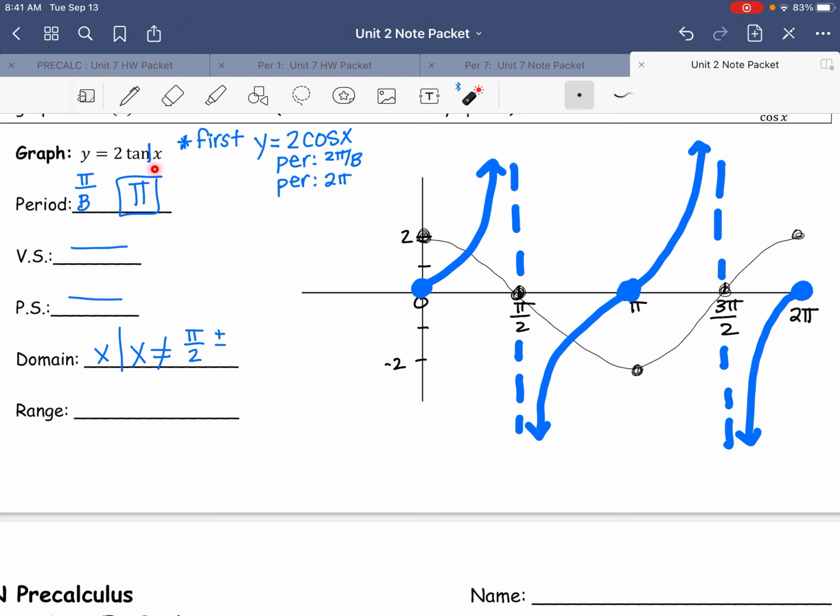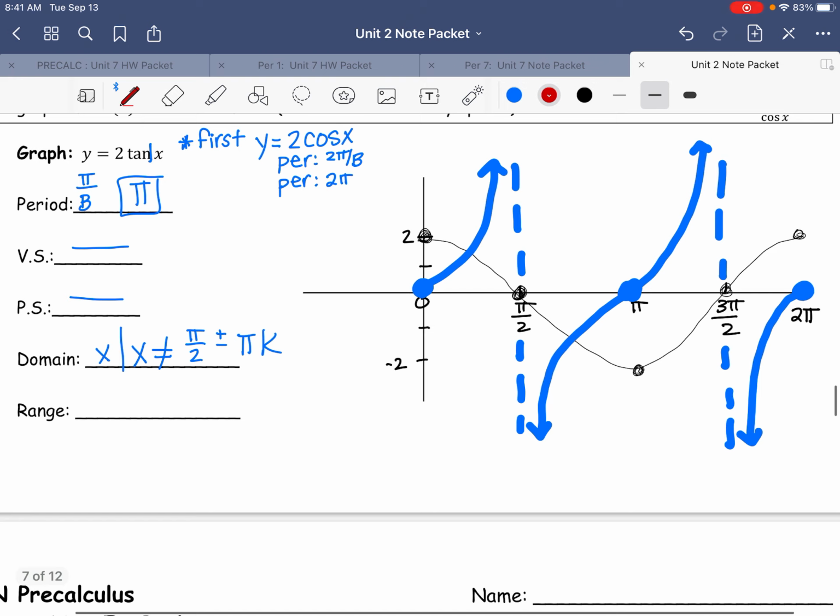And the asymptote is always occurring whatever the period is, okay? So my asymptote, this distance is a distance of pi, k. Or you could think of it like this. This could be any asymptote, and this is the period.